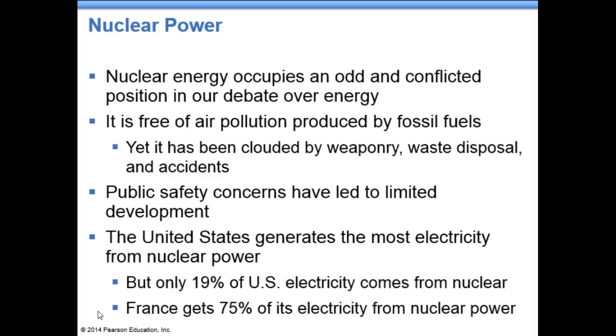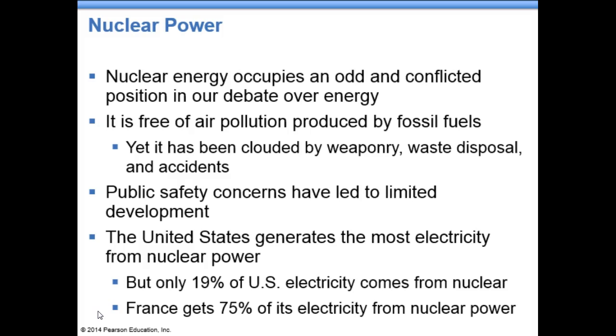A little bit of history about nuclear power: it was first developed commercially in the 1950s, and it experienced most of its growth during the 70s and the 80s.